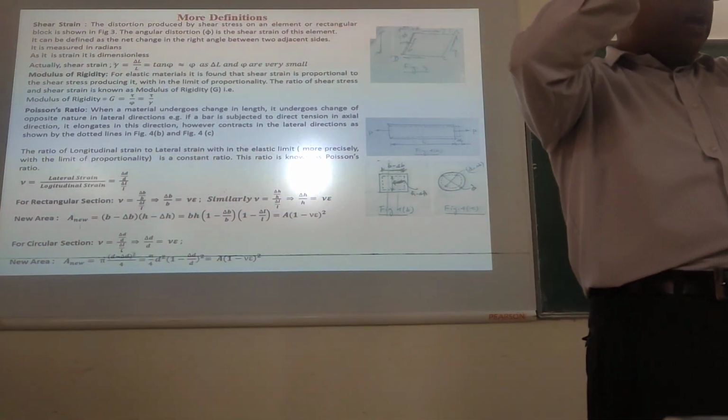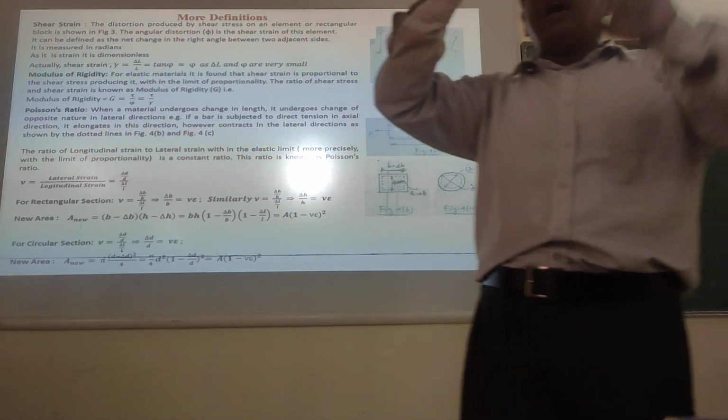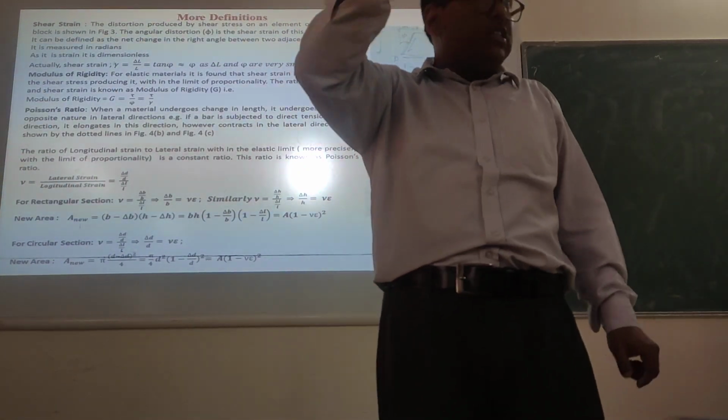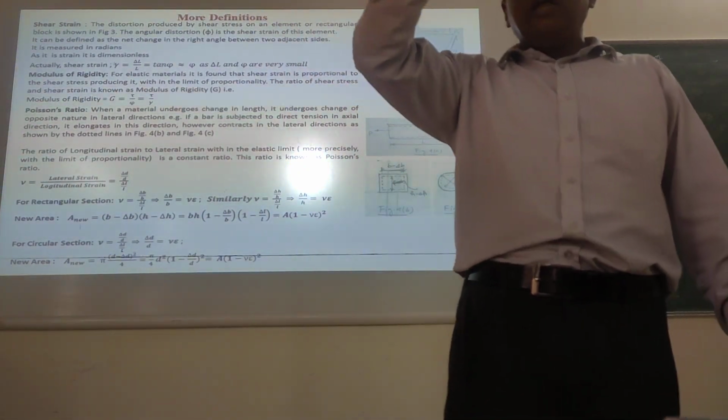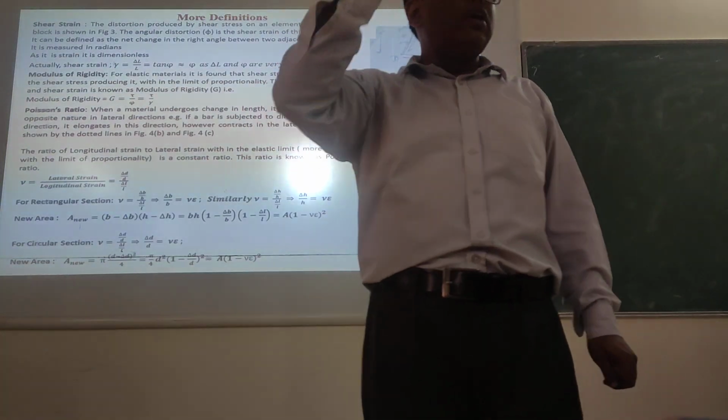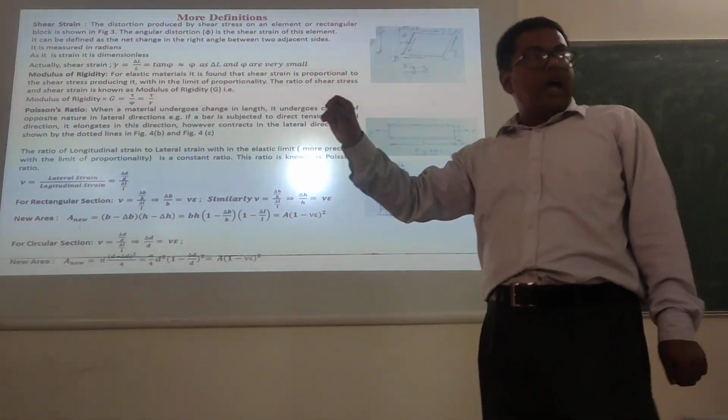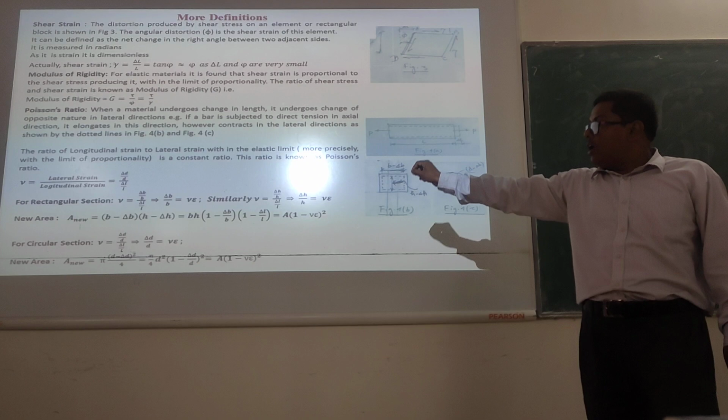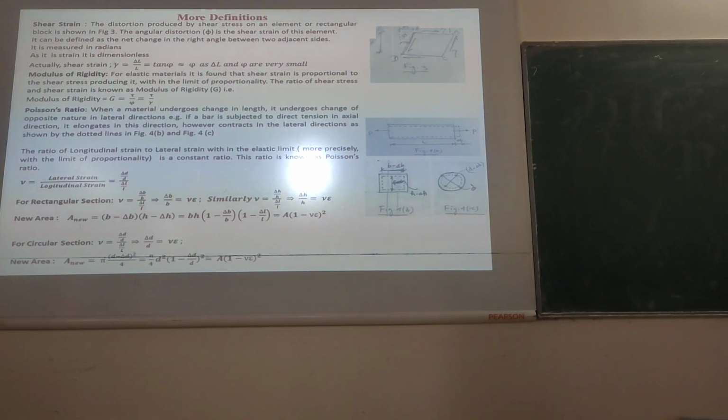If the lateral dimension shortening is termed delta B, and the original lateral dimension is B, then delta B by B gives you the lateral strain, and the ratio of the lateral strain to the longitudinal strain is termed Poisson's ratio. Have you understood it? Is it clear?